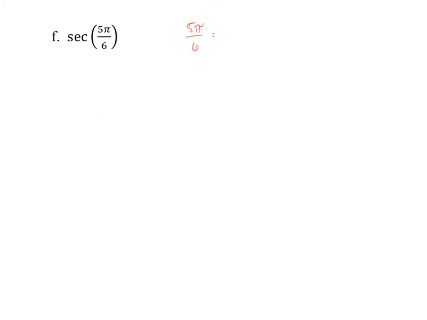We have two ways to do this. Our first way is that we can set up a proportion, which we've done many times in the past, and I'm going to do it both ways: 180 over pi equals some number of degrees over 5 pi over 6. So if I'm going to solve this, the first thing that I would do is rewrite this as 180 over pi equals x times 6 over 5 pi, which is really just 180 over pi equals 6x over 5 pi.